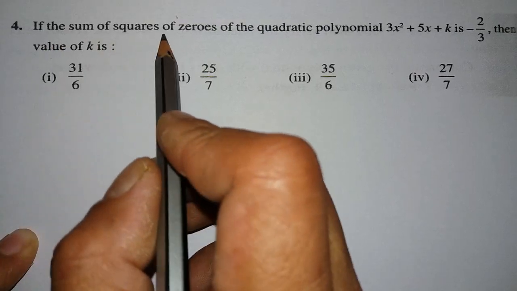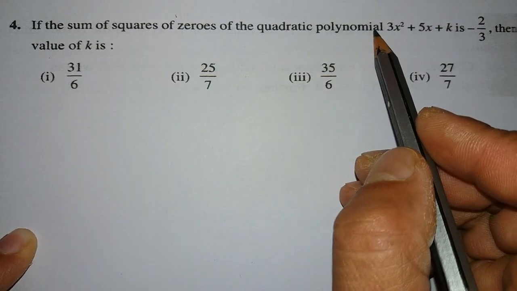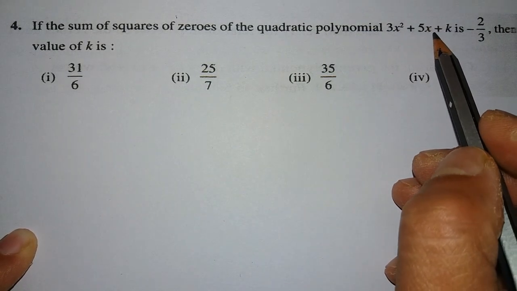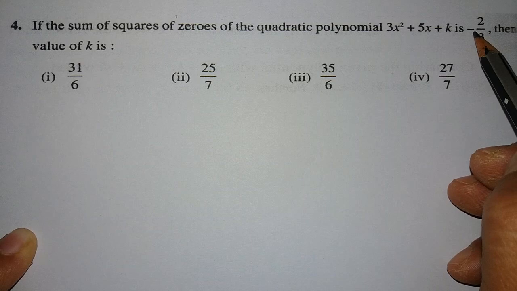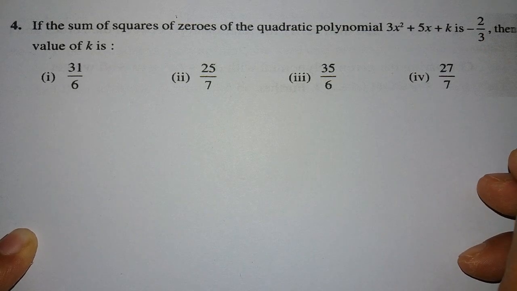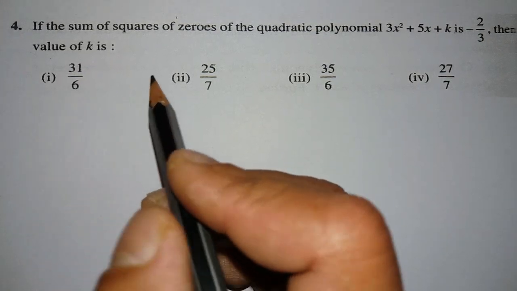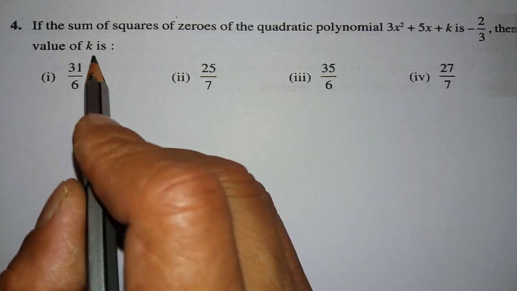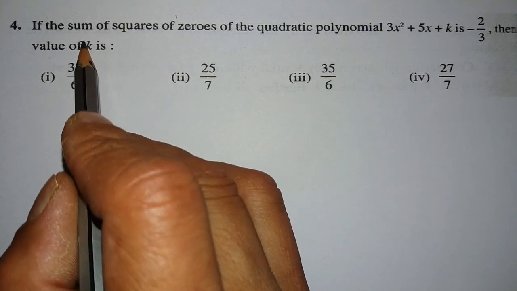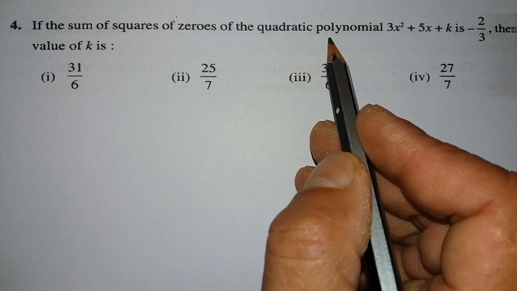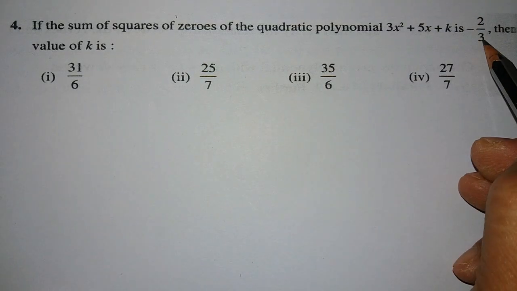Now, if the sum of squares of zeros of the quadratic polynomial 3x squared plus 5x plus k is minus 2 by 3, then the value of k is, okay, here the sum of the squares of the zeros of the quadratic polynomial is minus 2 by 3.